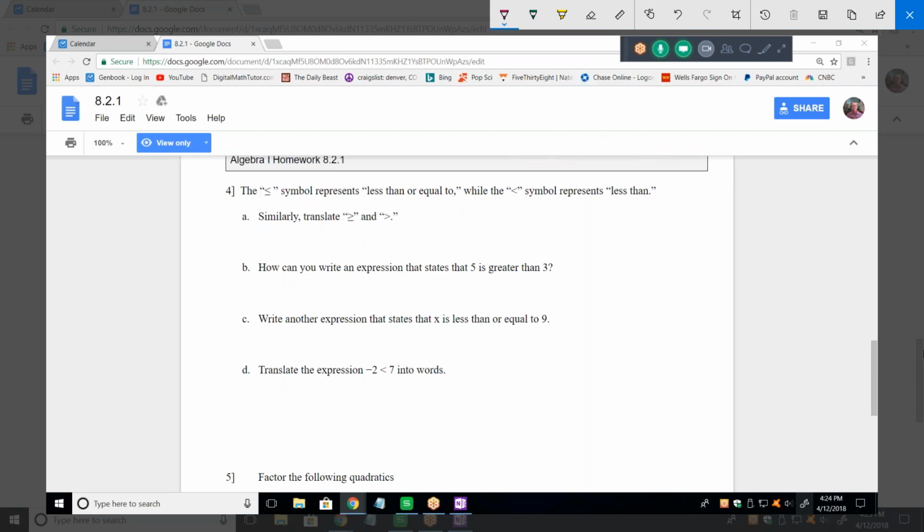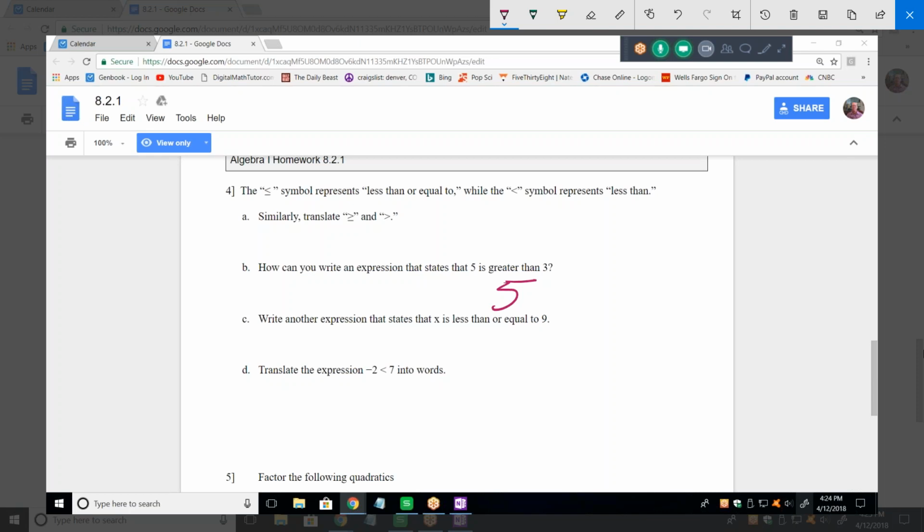B, how can you write an expression that states 5 is greater than 3? Tell me: right arrow, left arrow, right arrow with an equal sign, or left arrow with an equal sign?